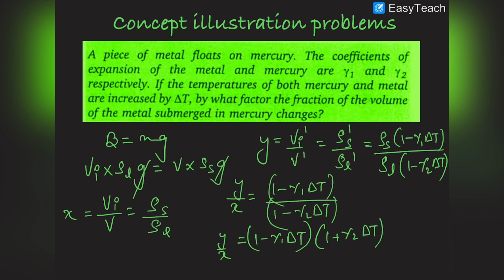So you can see that y upon x will be equal to 1 plus gamma 2 minus gamma 1 into delta T. This is the factor by which this fraction Vi by V will change at the temperature increase of delta T. Now we move on to the next question.